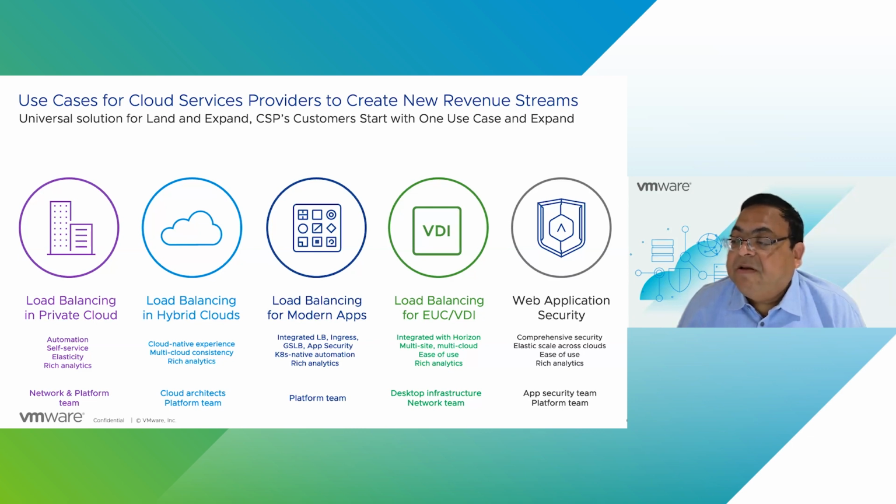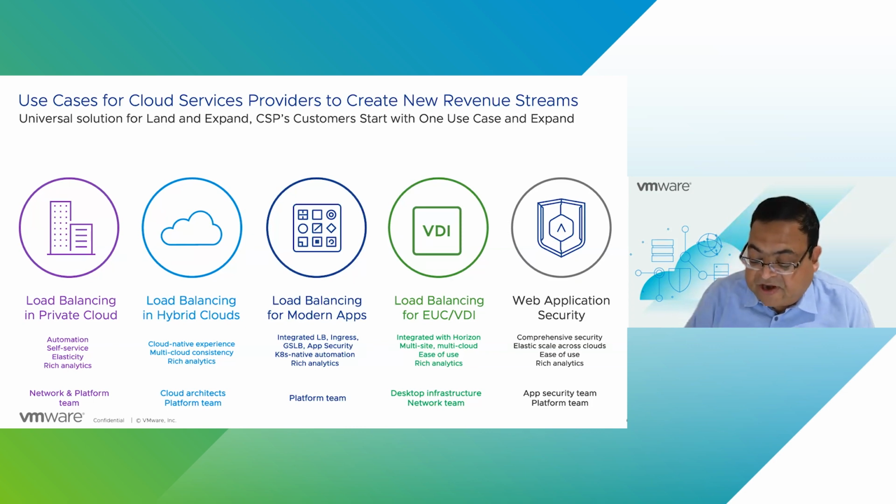Every application requires load balancing. Every application requires web application security. And for web application security, customers are looking to move from on-prem to more cloud-delivered service. So there are multiple use cases there.